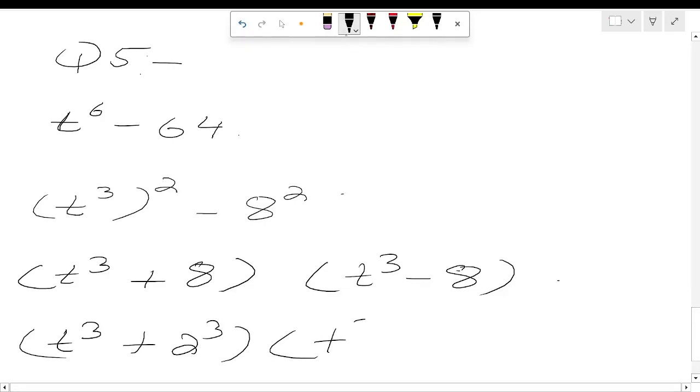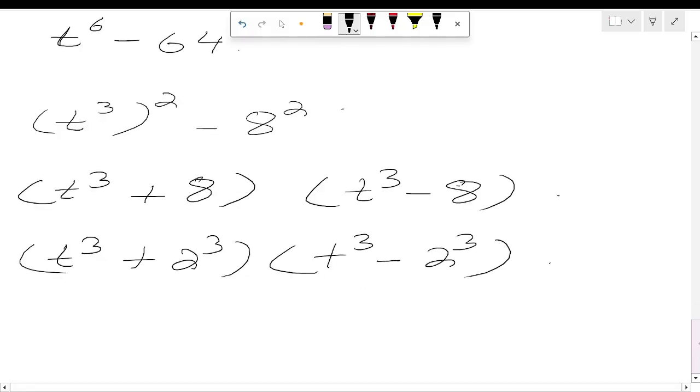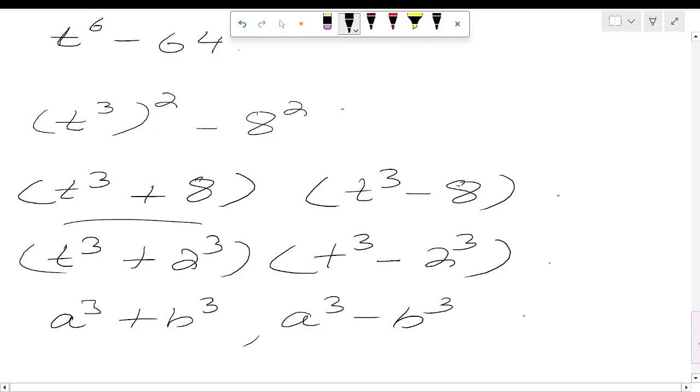Then I will write t cube subtracted from 2 cube. So now we have these two pairs of terms which are in the format of a cube plus b cube and a cube minus b cube respectively. So we'll apply the first formula on the first term and the second formula on the second term.